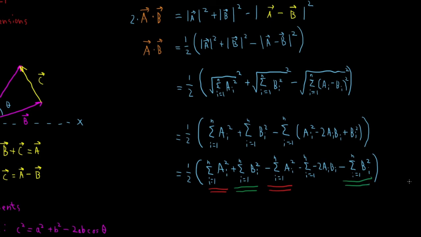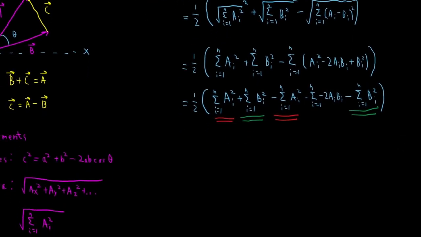After canceling out the sums, we are left with 1/2 of the minus sum from 1 to n of minus 2 Ai times Bi.